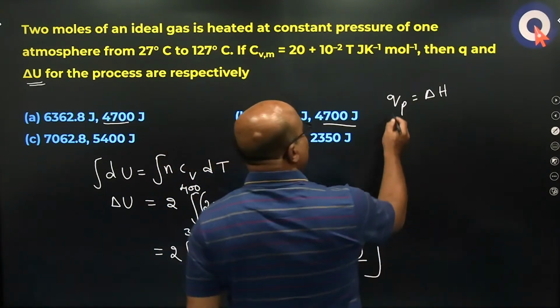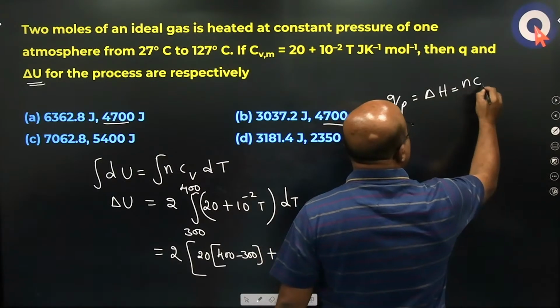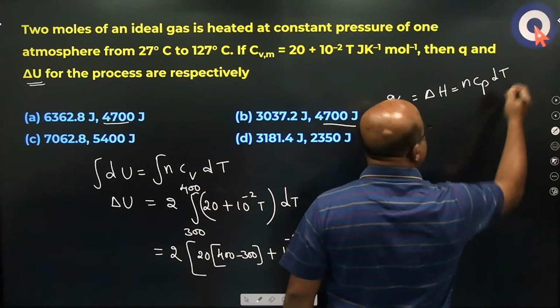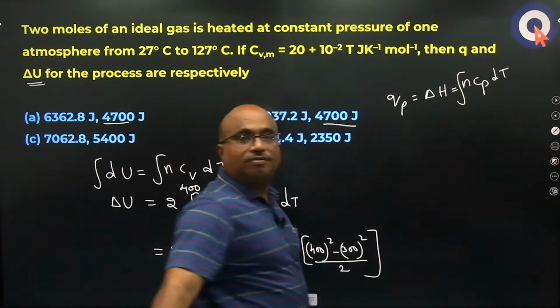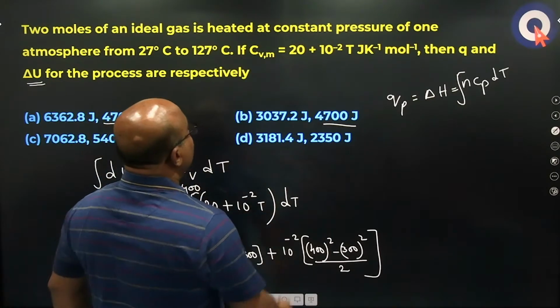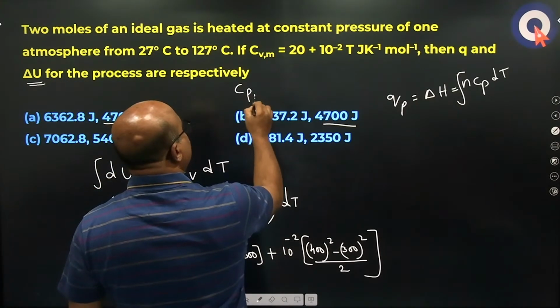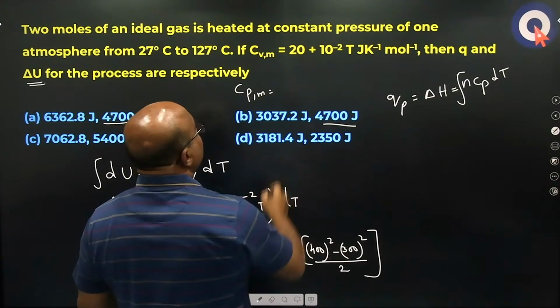So Q_P is nothing but enthalpy change, which is nothing but the integration of nCp dT. But already we said what is Cp?